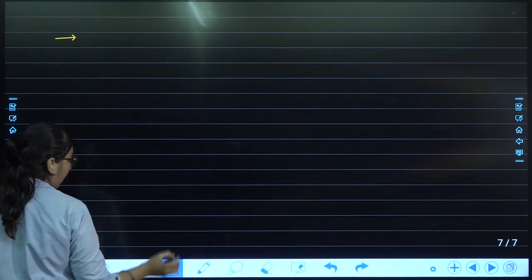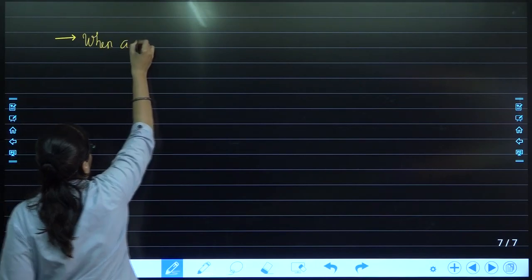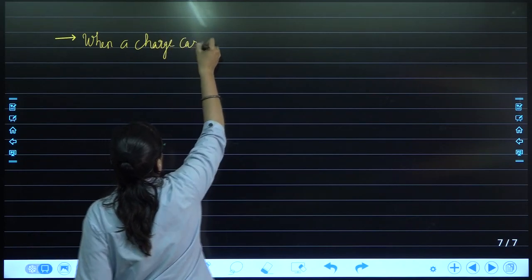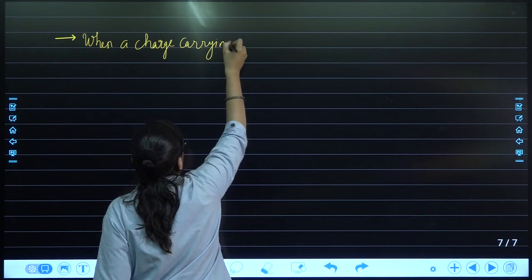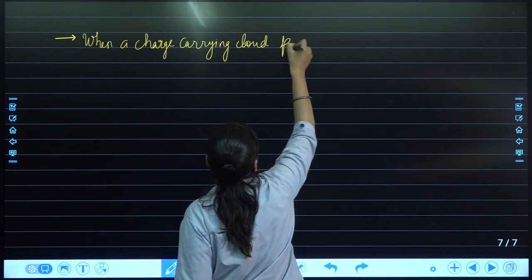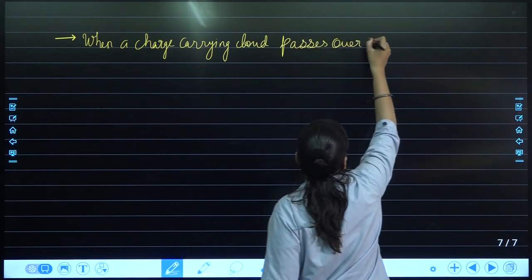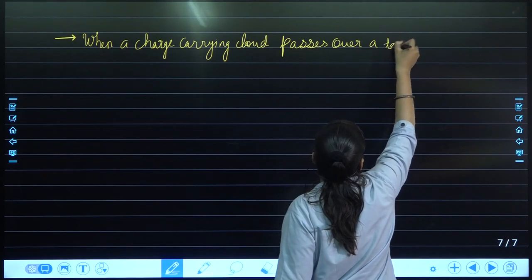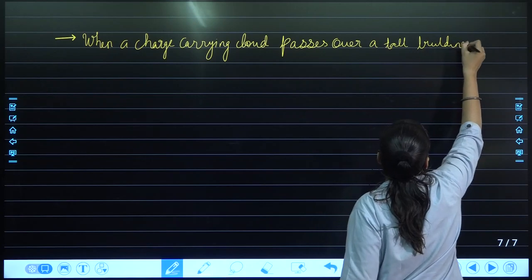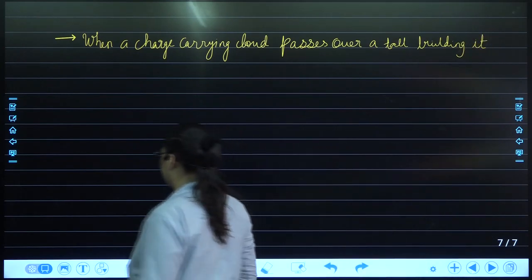So, when a charge carrying cloud passes over a tall building, it induces opposite charge on the building.